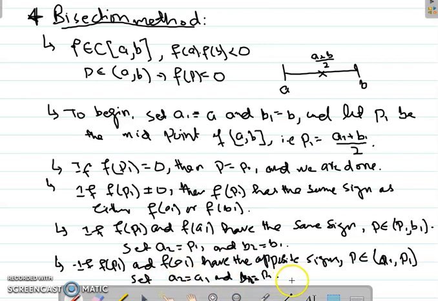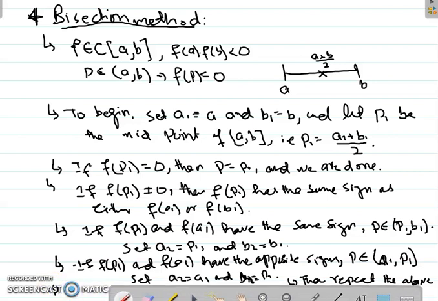So this is the main method, and we will repeat the same procedure for the second iteration. Then repeat the above process for a2, b2.